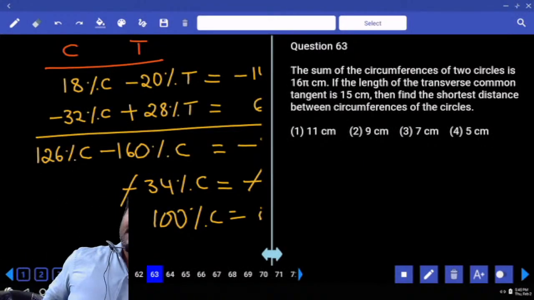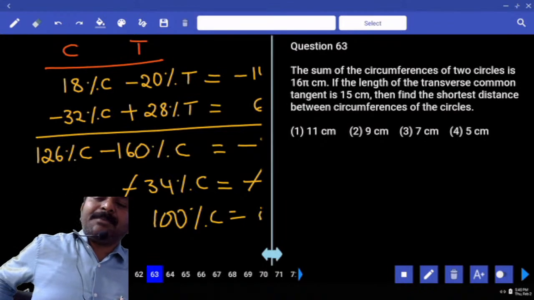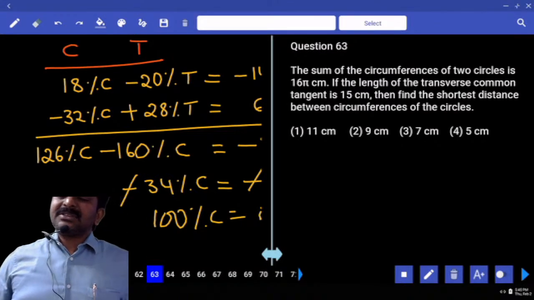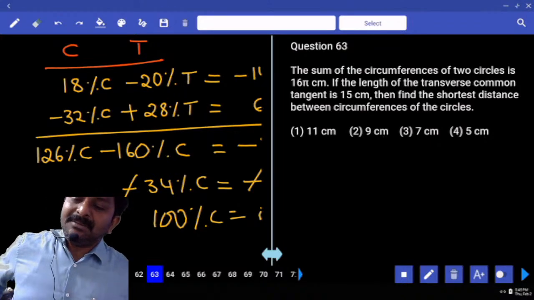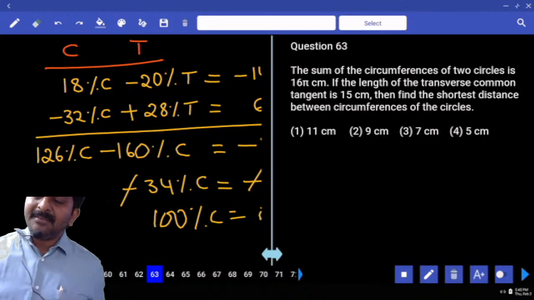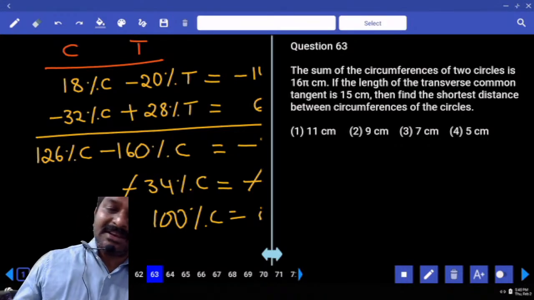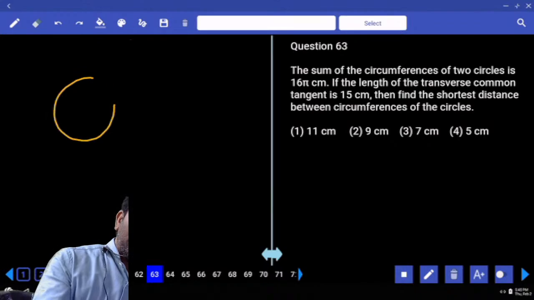The sum of circumferences of two circles is 16 pi. If the length of the transverse common tangent is 15 centimeters, then find the shortest distance between the circumferences of the circles. Okay, now there are two circles here.